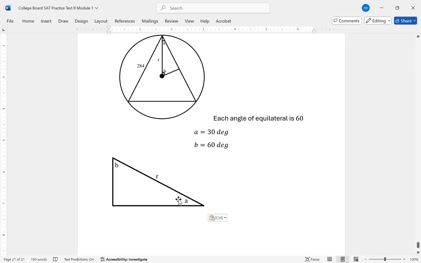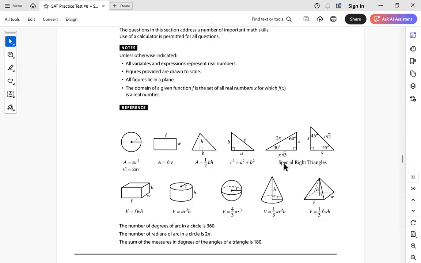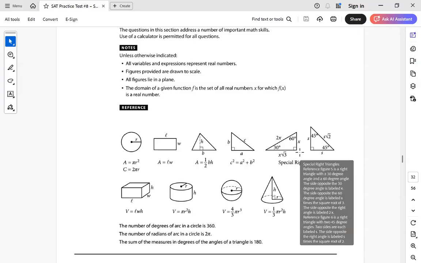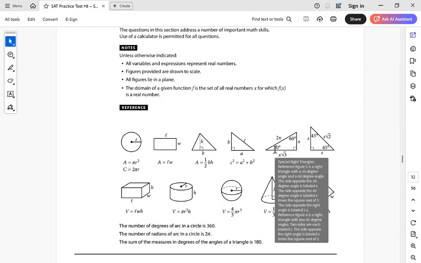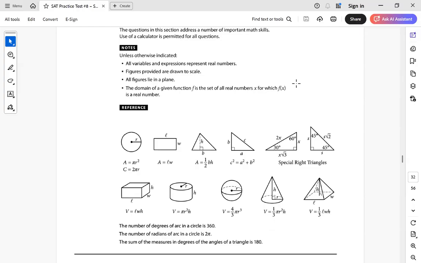And it turns out with the 30, 60, 90, that is one of the formulas that the SAT practice test gives us. Let's look at that formula. It says that if we have a 30, 60, 90 right triangle, that's the special right triangle here, then the leg next to the 30 degrees is going to be x times root 3.